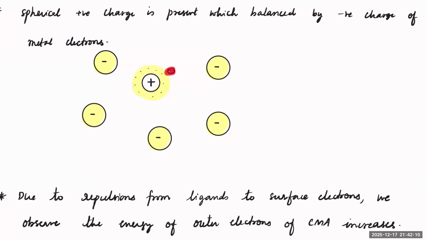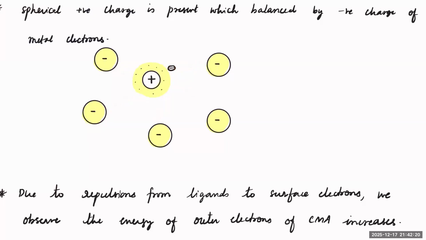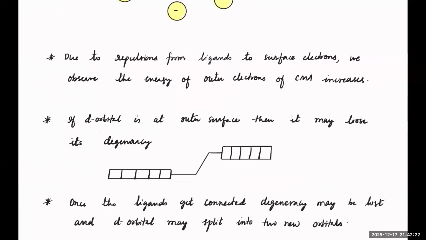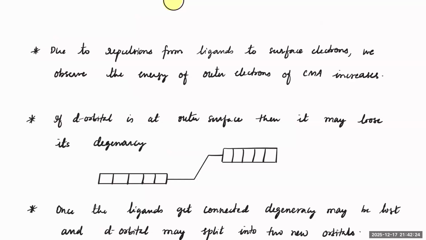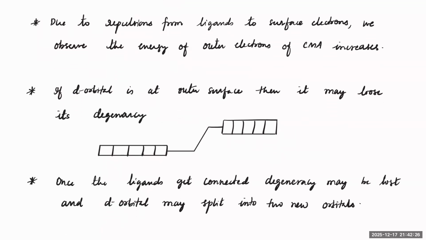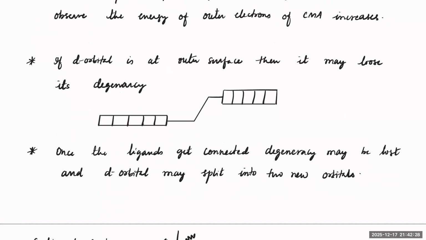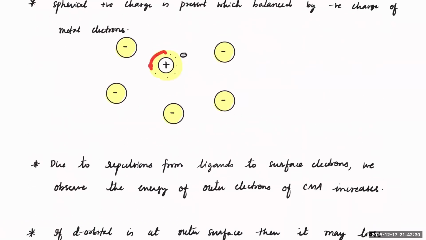And it is these electrons, the valence electrons, which might start repelling the incoming ligands. And due to this repulsion from the surface electrons, the potential energy of the surface electrons will increase.